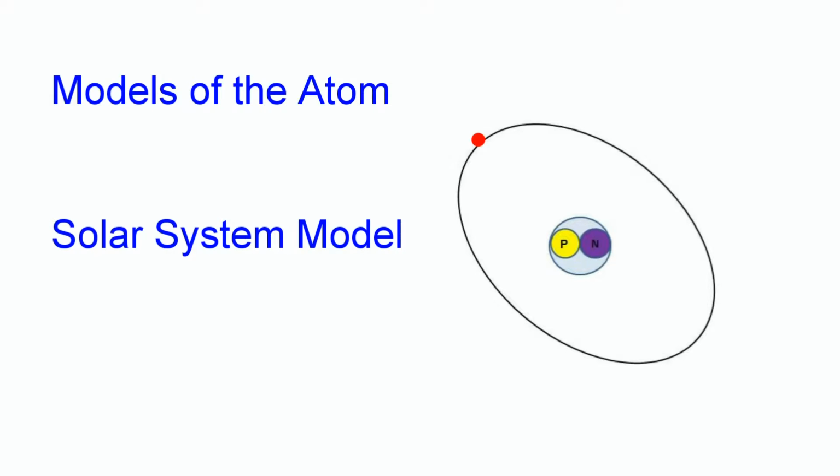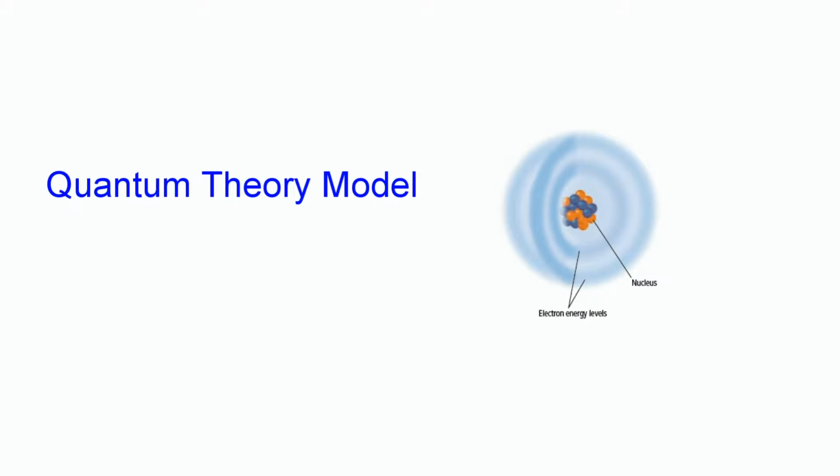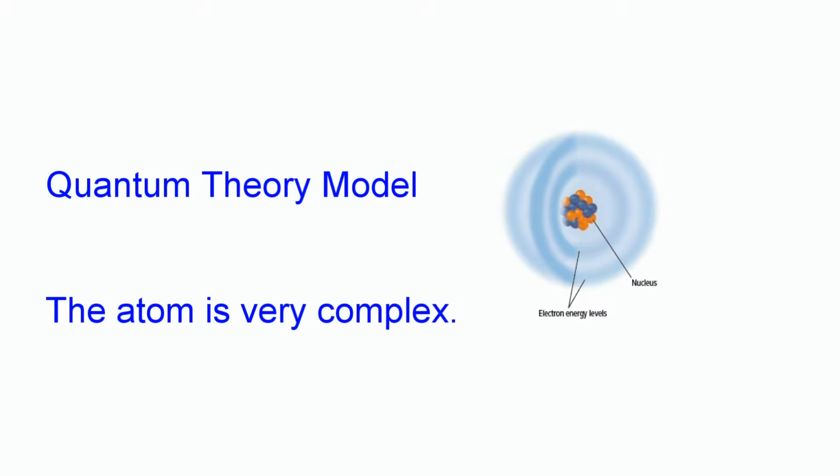However, it's not a good representation of the true nature of the atom. If you want a much better idea of the true nature of the atom, you will need to use the quantum theory model. The quantum model of the atom tells us that the atom is much more complex than we can even imagine.